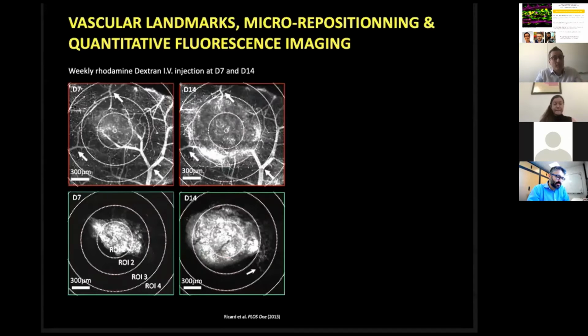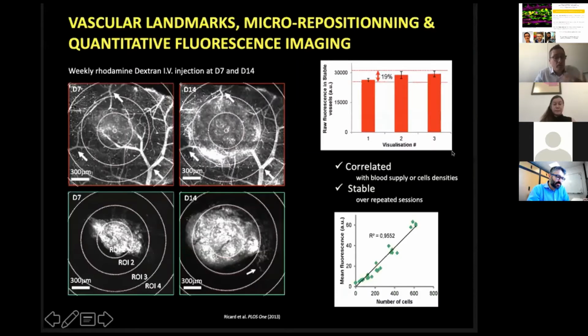After injecting a vascular dye, it was possible to recognize some vascular landmarks in the preparation, and to be sure that we were always positioned in the same way and studying the same concentric regions of interest, in which we were measuring the fluorescence, either on the red channel in order to monitor the vascularization, or on the green channel to monitor the tumor cells.